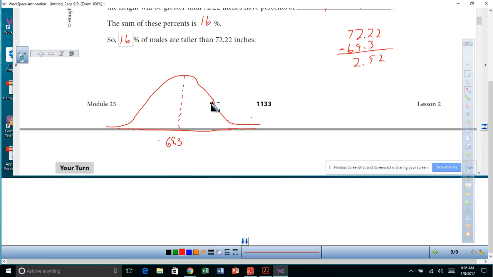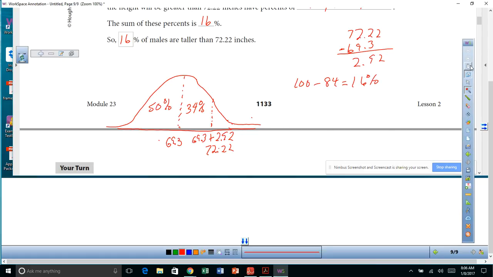And then this first standard deviation is 69.3 plus 2.92 inches, which is 72.22. Okay, so what do we know? We know that this part over here is 50%. We know that this part here is 34%. So we could take 100 minus 50 and 34, that would be 84%, and that leaves you with 16%.